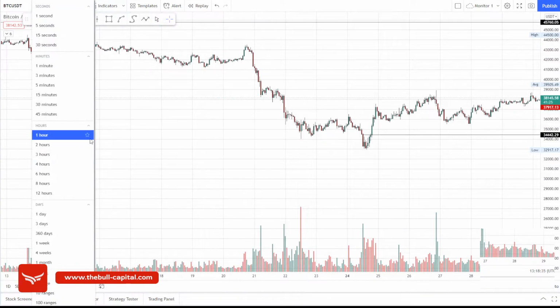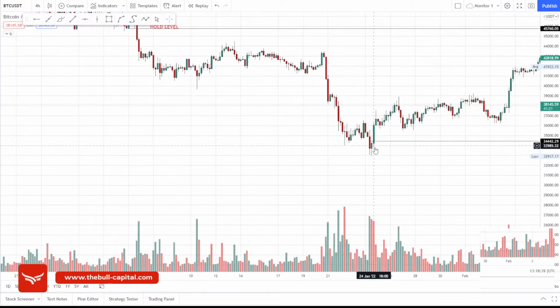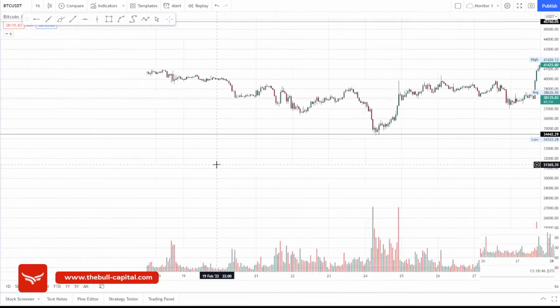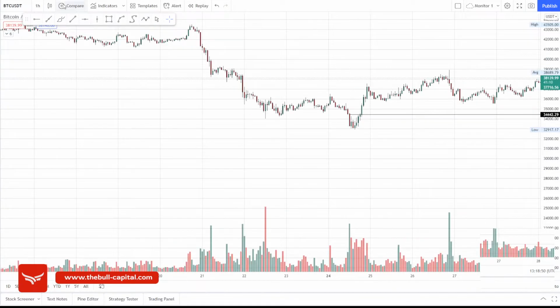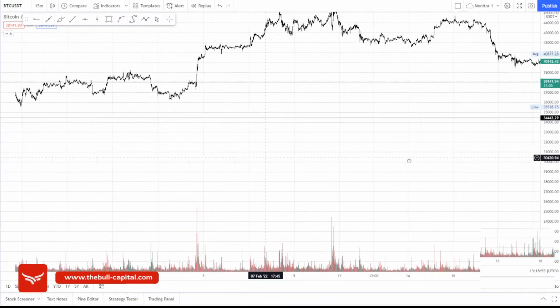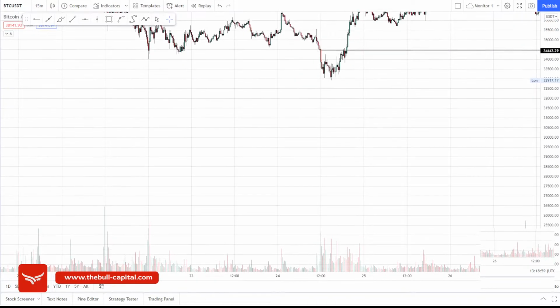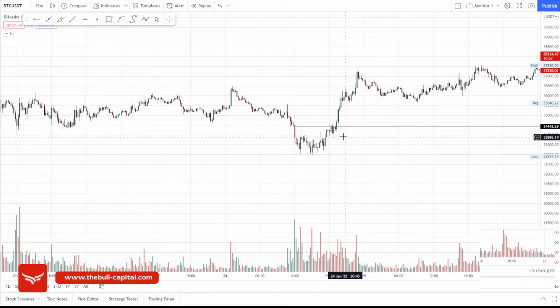For example, on 4-hour you can spot it, but not like drawing exactly the level. But if you go on a lower time frame you'll see it better, so you can draw the level. Even if you go even lower, on the 50 minutes time frame, we have multiple here.